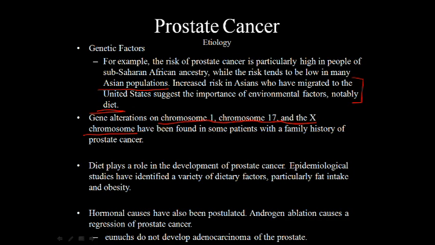Epidemiological studies have indicated a variety of dietary factors, particularly fat intake and obesity. And so that is one of the problems that we have run into with an increase in obesity and the amount of fat intake that we consume. We have been seeing an increase in prostate cancer, and that's due in large part to our diet.